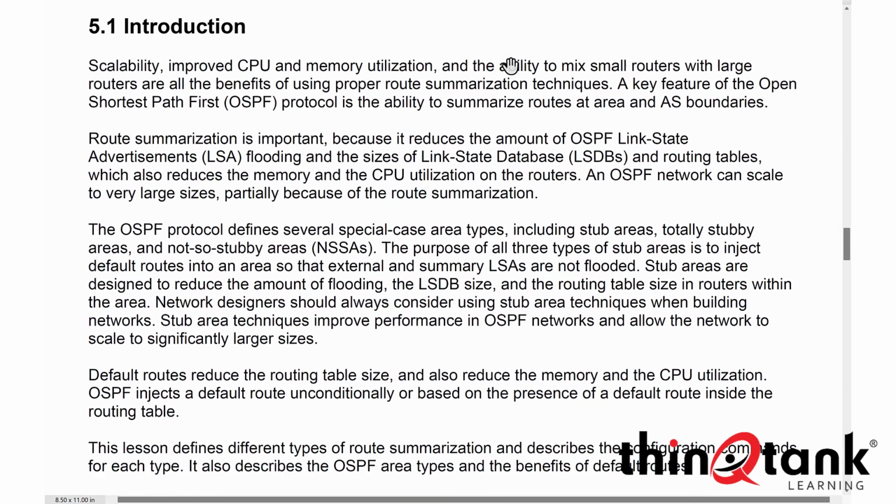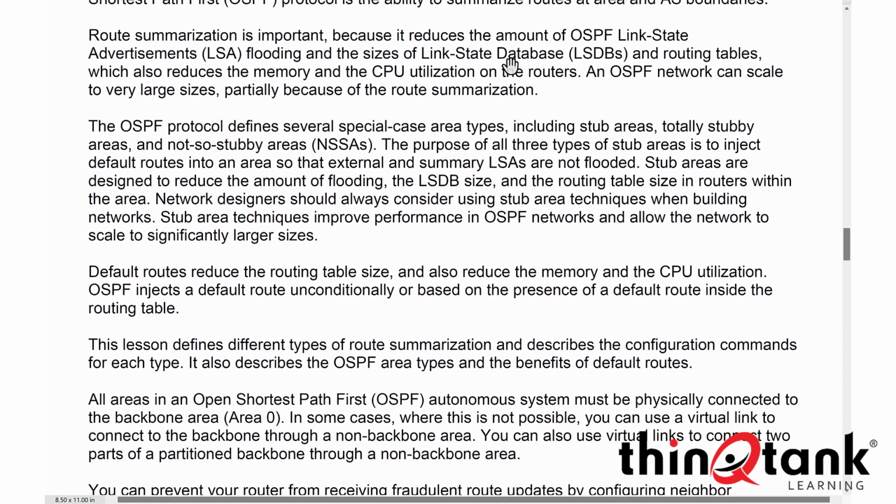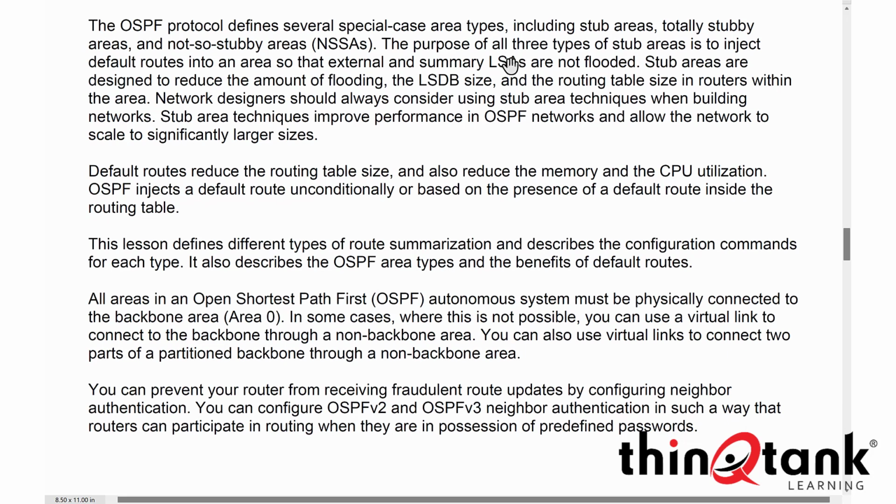We're also going to talk about these special area types. Special area types are used in OSPF to identify the types of LSAs that are allowed to enter a particular area: stubby areas, totally stubby areas, not-so-stubby areas, and totally not-so-stubby areas. We'll break down what each of those special area types represents and why I would consider using one special area type versus another.